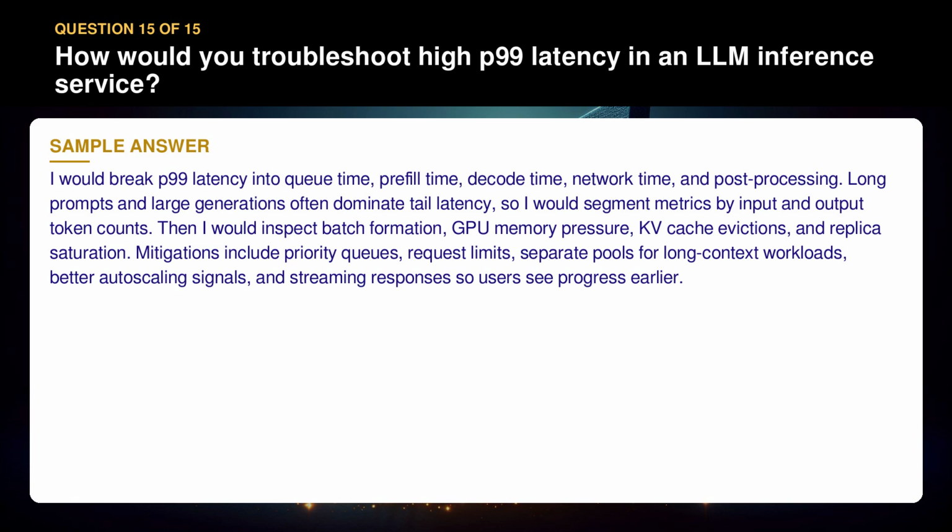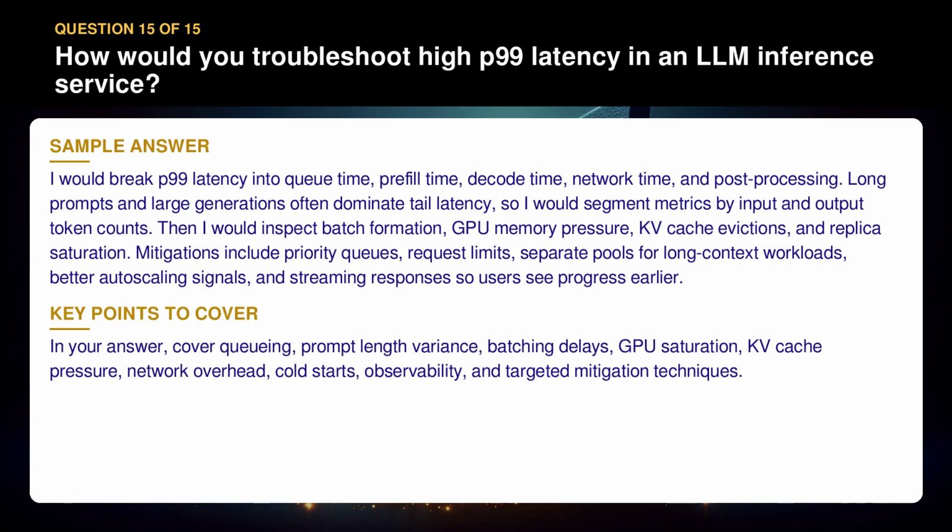Then I would inspect batch formation, GPU memory pressure, KV cache evictions, and replica saturation. Mitigations include priority queues, request limits, separate pools for long context workloads, better auto-scaling signals, and streaming responses so users see progress earlier. In your answer, cover queuing, prompt length variance, batching delays, GPU saturation, KV cache pressure, network overhead, cold starts, observability, and targeted mitigation techniques.